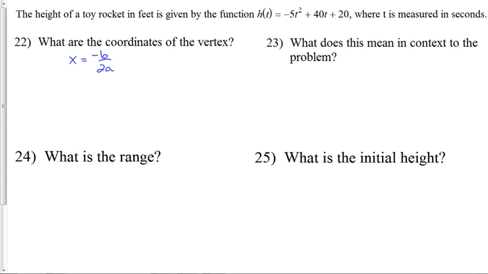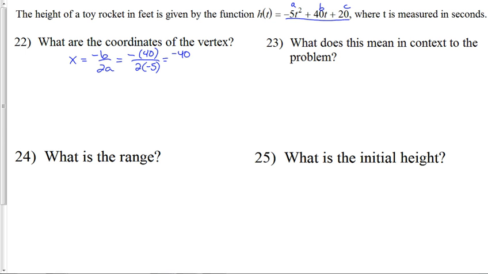Coordinates of the vertex in standard form, you have to do opposite of b over 2a in order to figure out the x coordinate, or in this case the t coordinate. So remembering that the function is a in front of the t squared, b in front of the t, and c in front, or by itself, the constant term. So the opposite of positive 40 all over 2 times -5.